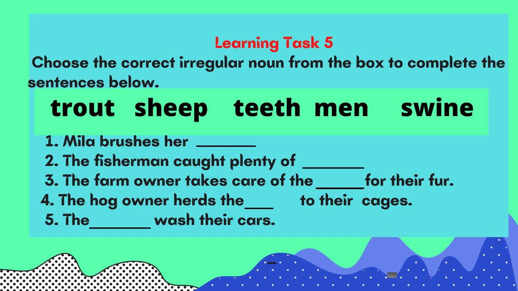Okay, number 2, the fisherman caught plenty of blank. 3, the farm owner takes care of the blank for their fur. 4, the hog owner herds the blank to their cages. And the last one, number 5, the blank wash their cars.